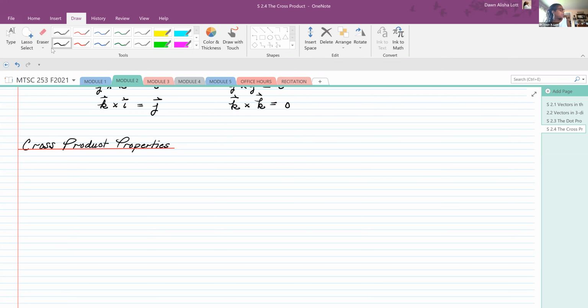Okay, so we have the first one. Now the cross product has more rules and they are more difficult than the dot product rules. Okay. So the cross product rules are the scalar distributive law.